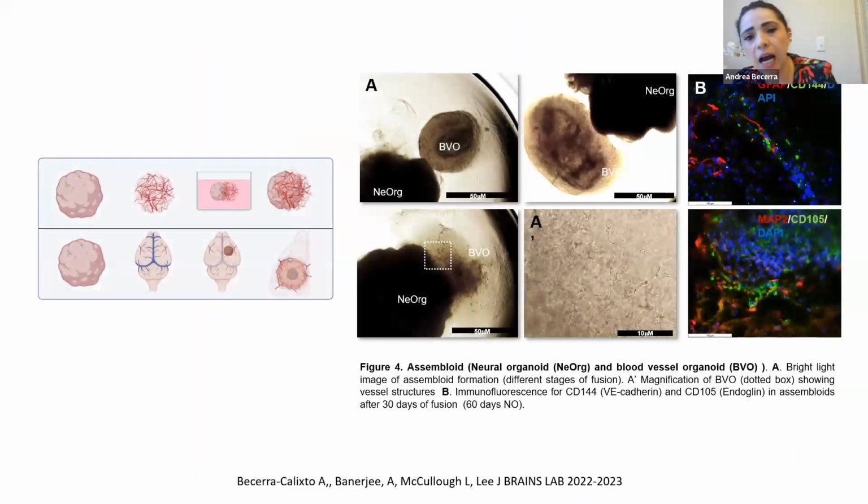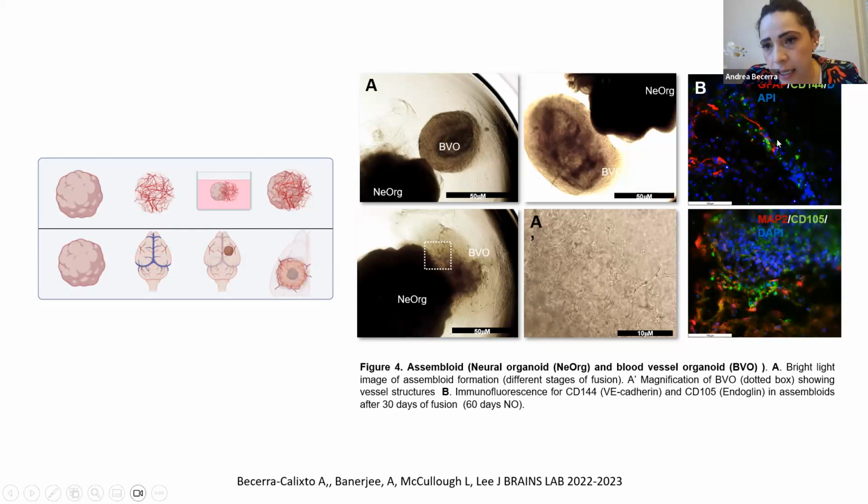And here is how we are starting to develop the vascularization in the organoids. We have two different models. I'm developing vascular brain organoids, and I put them in contact with the cerebral organoids to fuse with each other, and the vascular cells go through the organoid and produce vascularization inside.